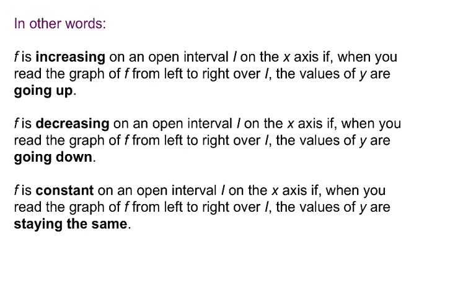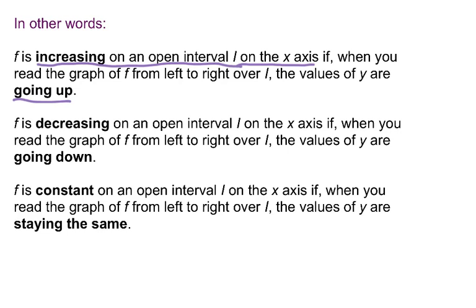It may be nice to state those ideas in other words. See if this helps any or not. A function f is increasing on an open interval on the x-axis if whenever you read the graph of f from left to right over the interval, the values of y are going up.